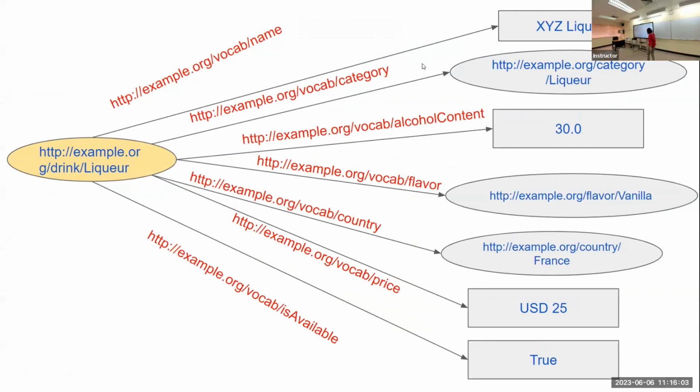So I've just given it XYZ liquor, and the second is what category it falls into, and on the right side I've given an oval shape for category liquor. And then the alcohol content I thought was literal, so I've given it a box 30 with data type float. Then what's the flavor of the liquor? I'll give it vanilla. What country is it from? France. What's the price? I've just given it a random $25 US. And for available, like, is it in stock or not? I've given it a Boolean value of true.